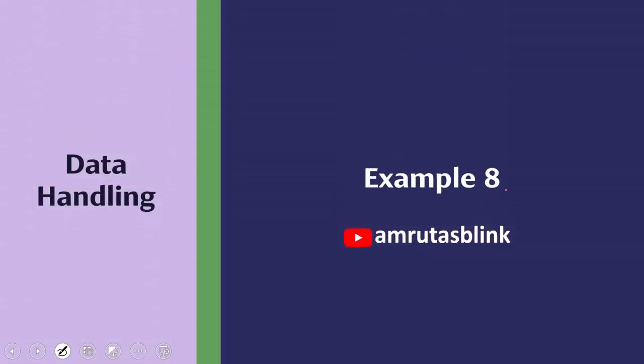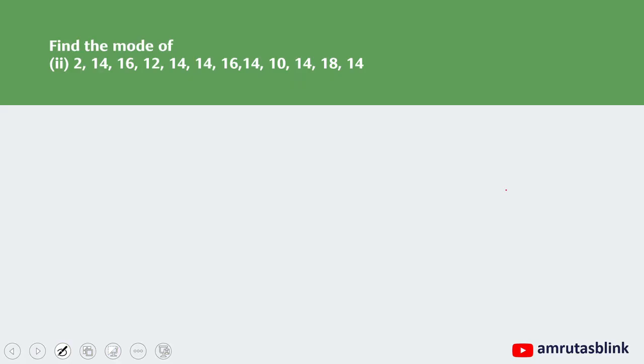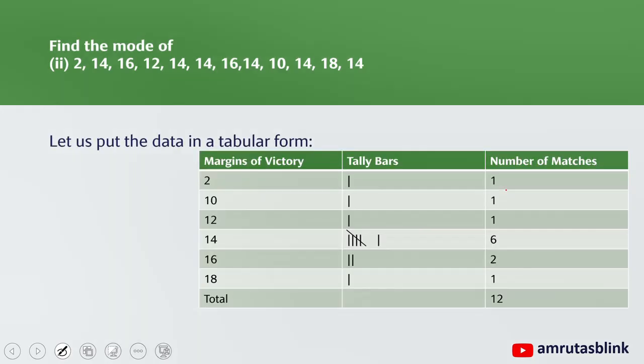We'll see example number 8. Find the mode of 2, 14, 16, 12, 14, 14, 16, 14, 10, 14, 18 and 14. 2 has occurred just one time. 10, again one time.